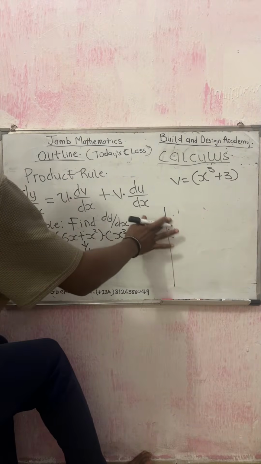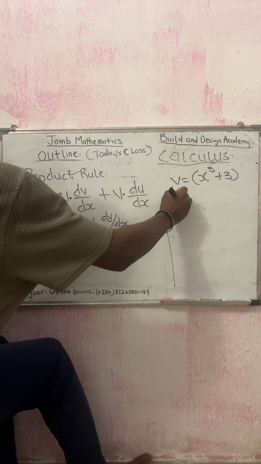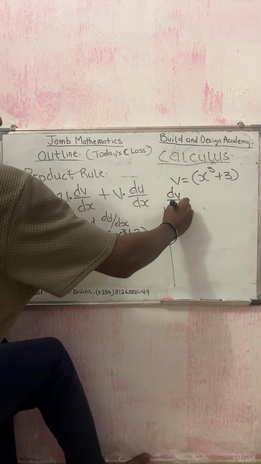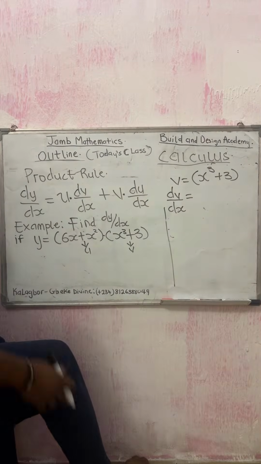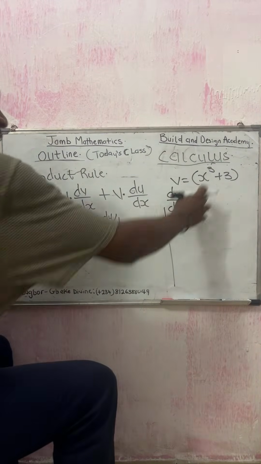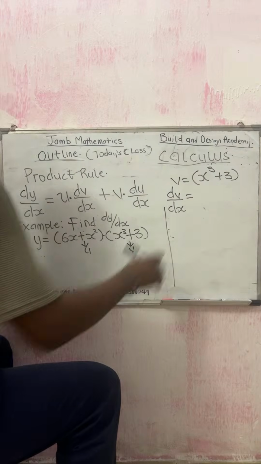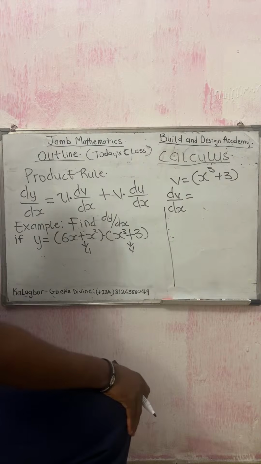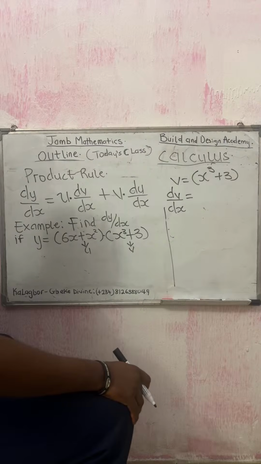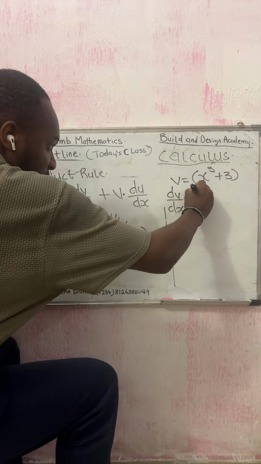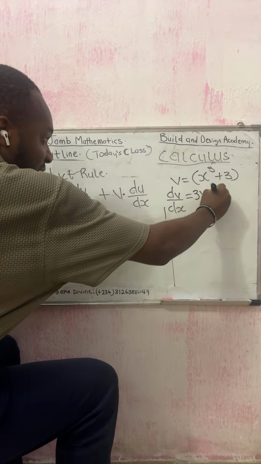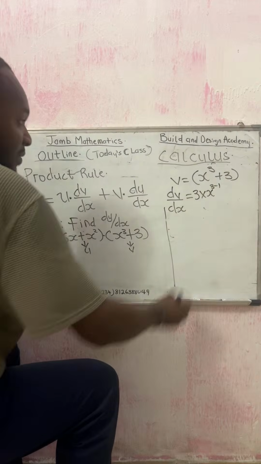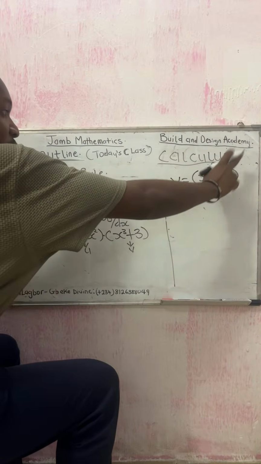So you are differentiating v with respect to x, so it's dv over dx. Now let's use our rule. The first thing is to take the power, multiply by the variable x, then subtract 1 from the power. So it should now be 3 times x raised to power 3 minus 1. If we differentiate the constant, it will turn to 0.